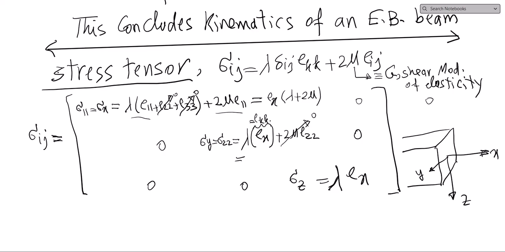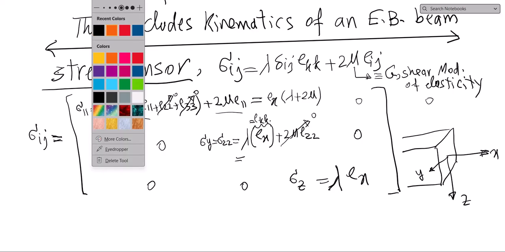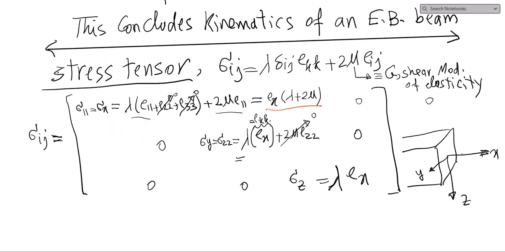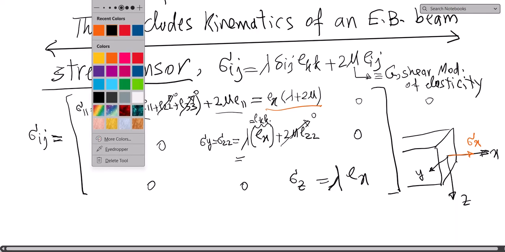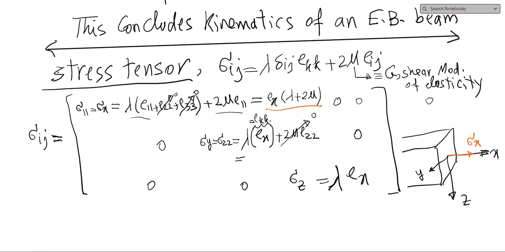Now, if I change color to be more distinct here, so this one is the stress in this direction. This is sigma x. Sorry, I dropped out a 0 here. There should be a 0, another 0 here, and maybe we don't need this. Okay, so the second one is 0.